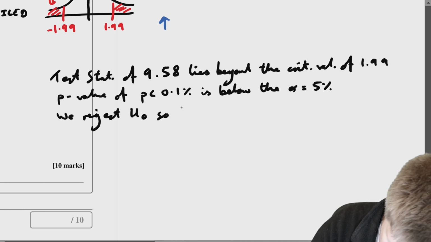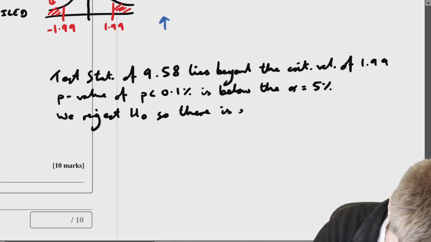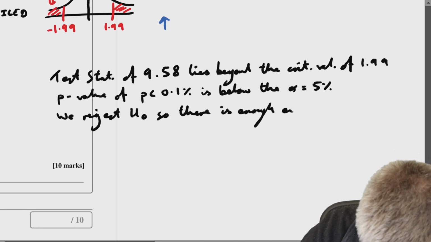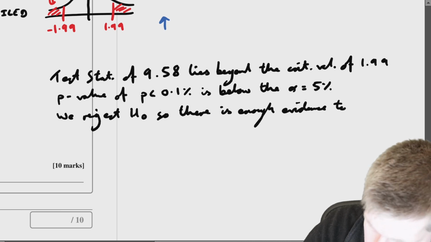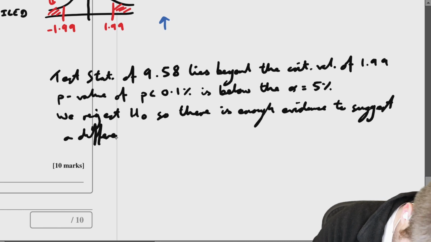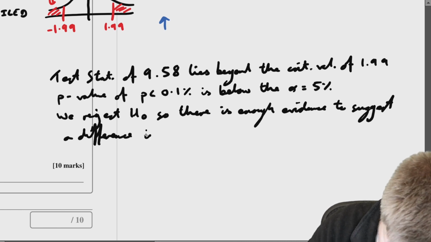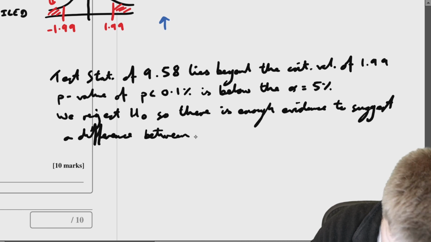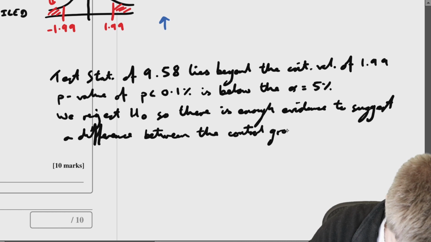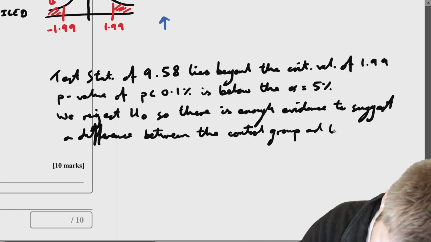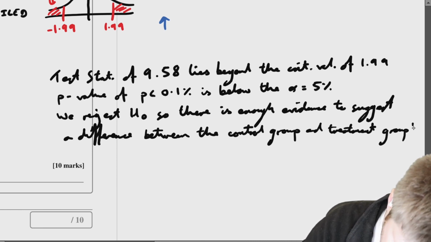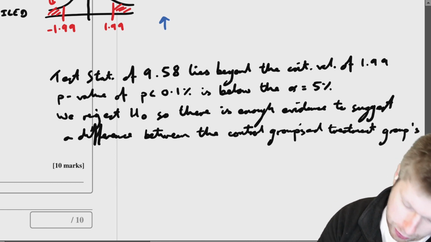There is enough evidence, based on our sample data, to suggest a difference between the control group and treatment group, and I should say their blood pressures. So control groups and treatment groups' blood pressures.